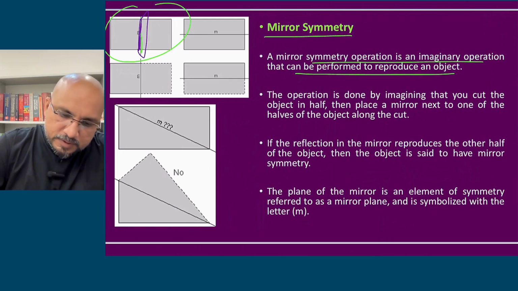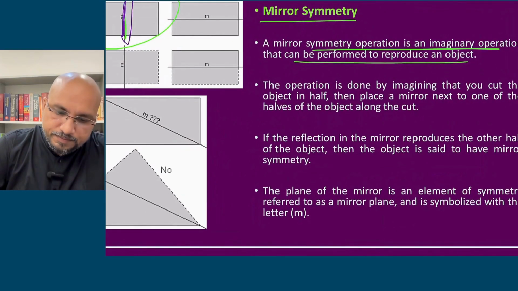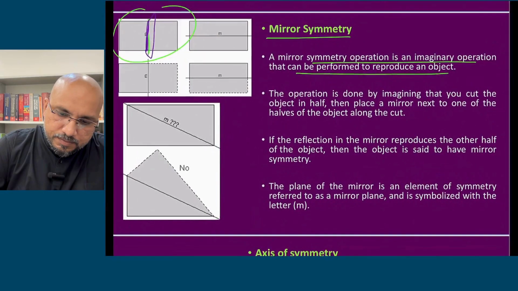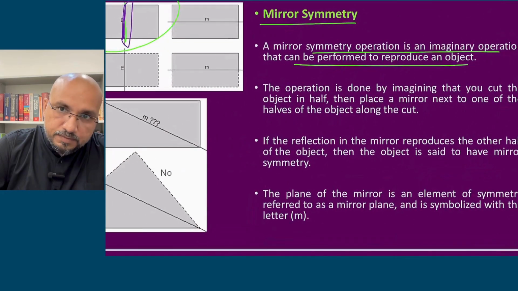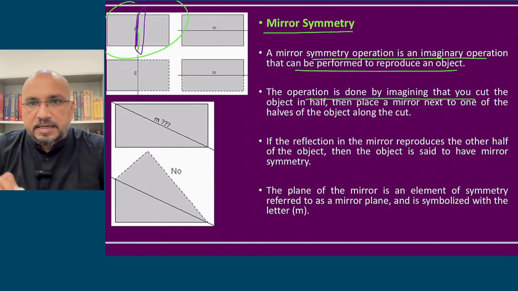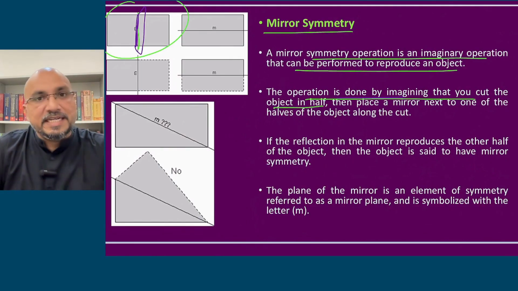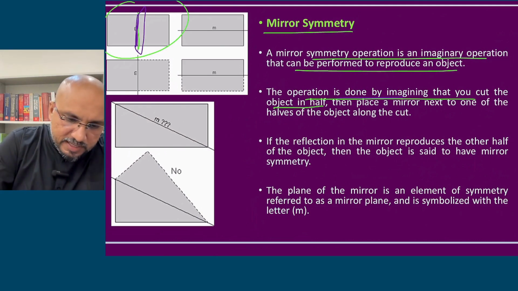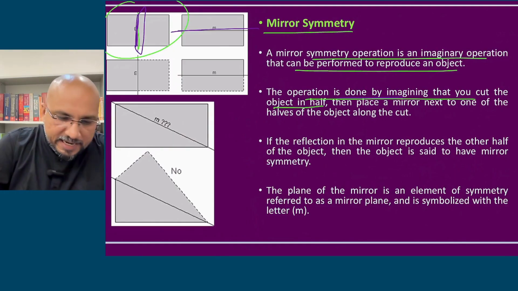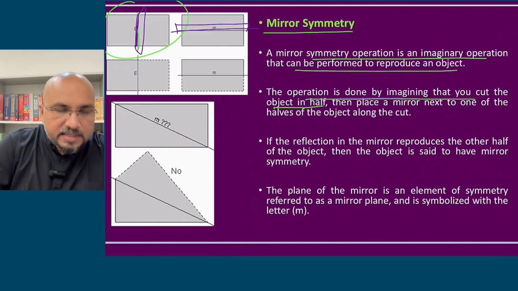The operation is done by imagining that you cut an object in half. Look here too, you have cut this exactly in half from the middle and placed a mirror here.